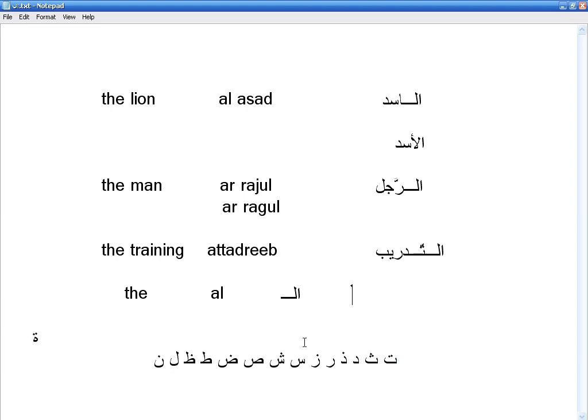We said that this is how the letter is written. This is how the letter is written in the end, right? So right now I'm going to give you an example for this letter. So it's going to be like that.